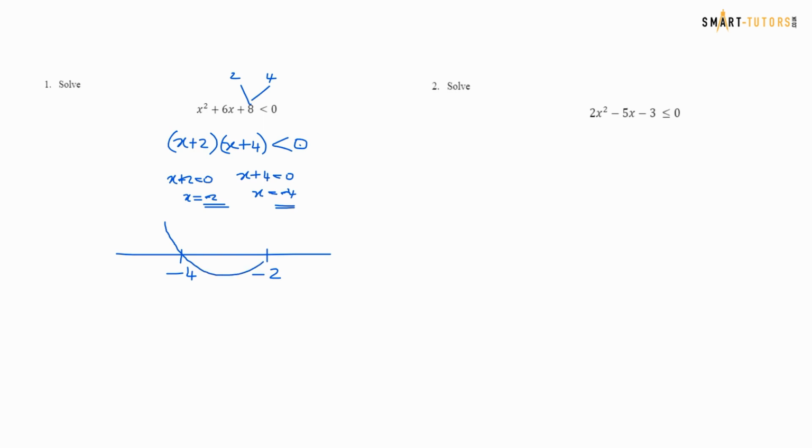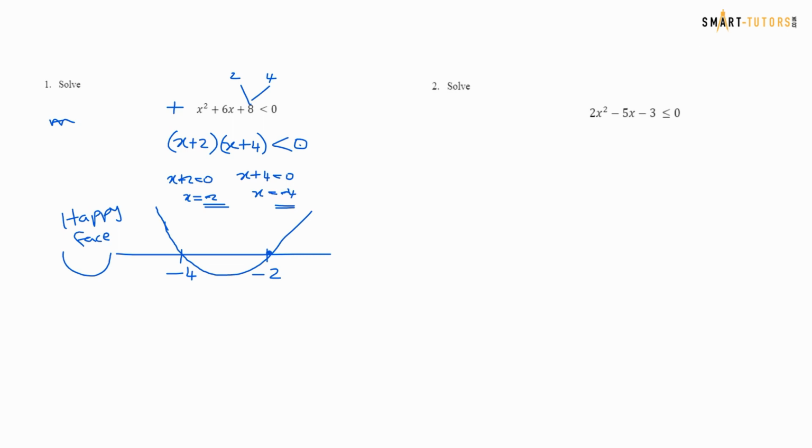The quadratic graph with x squared positive is a happy face graph, which always looks like this one. A sad face graph is the other way around, because if there is a minus there, it's a sad face graph. This is the nature of the quadratic. Because of this, my first question I'm going to discuss in detail, then later questions I'm going to speed up.